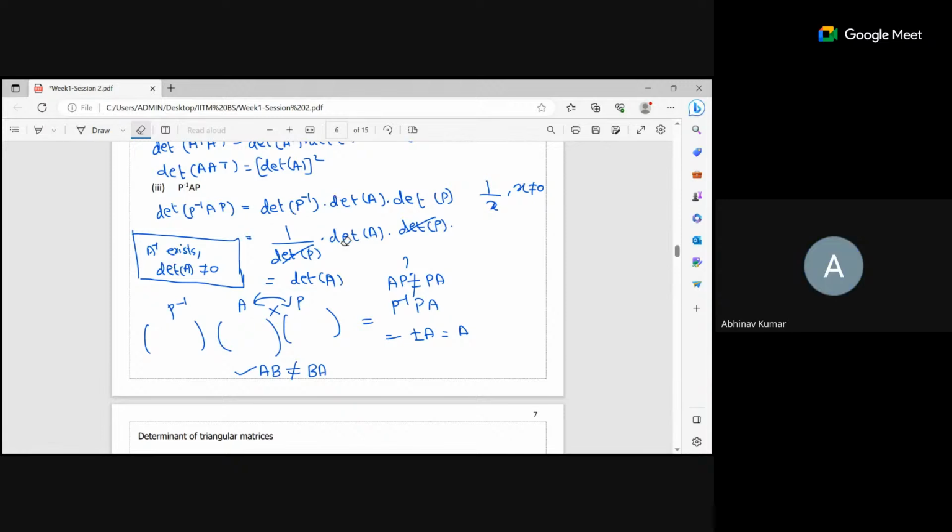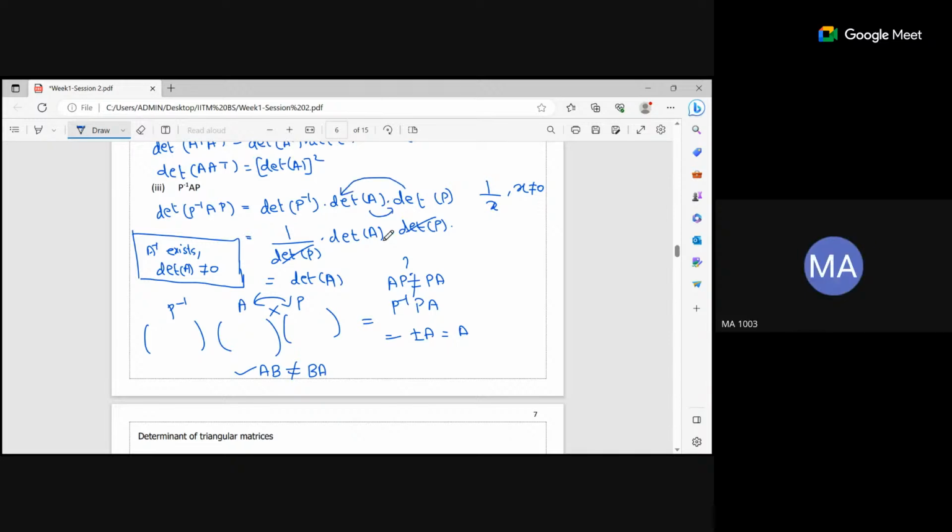Yes. Okay. You want to say that you can write this determinant of P here and then the determinant of A here.